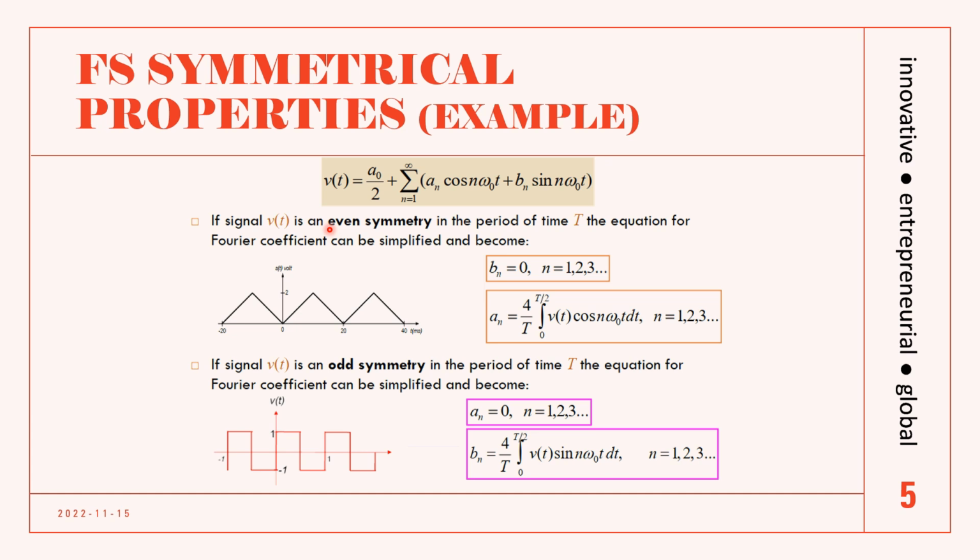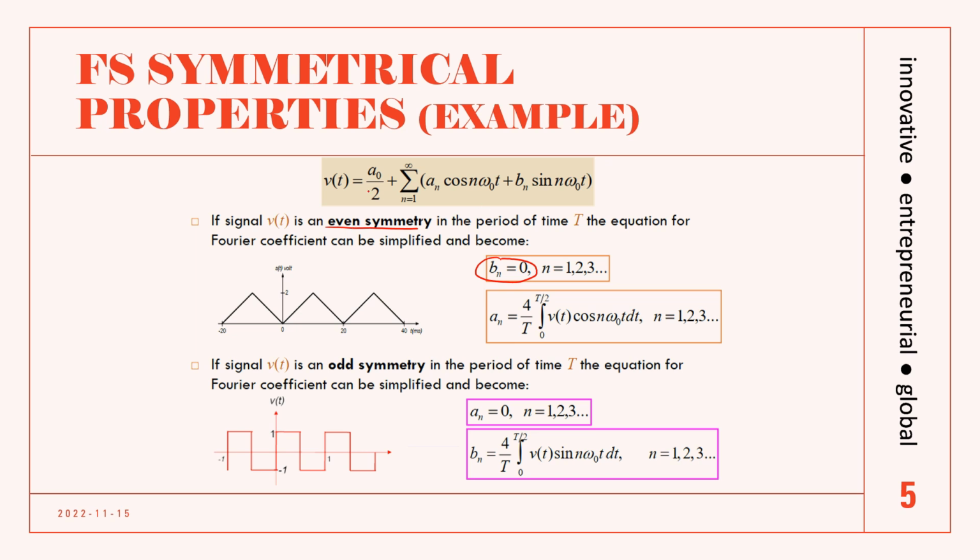If it is denoted as even symmetry, your Fourier coefficient can be simplified so that straight away your bn equals 0. Sometimes they are going to give you either the equation or the signal itself, so you have to identify. If your bn is equal to 0, then it is even symmetry.